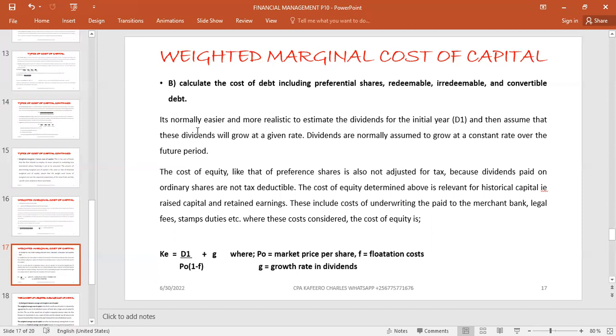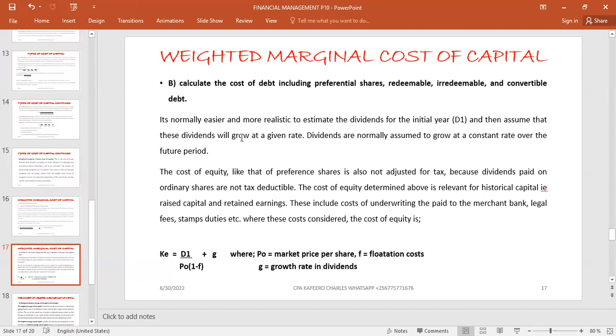So we are saying here it is normally easier and more realistic to estimate the dividend for the individual year, and then assume that these dividends will grow at a given rate.